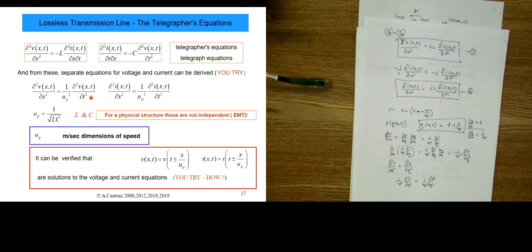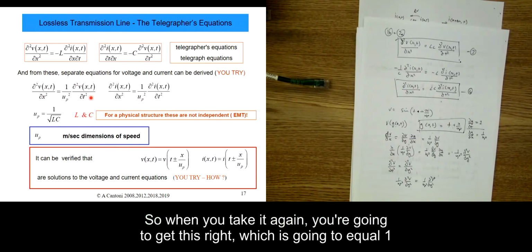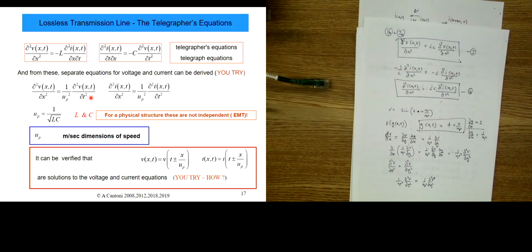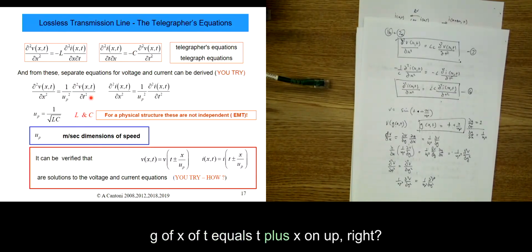So when you take it again, you're going to get 1 on UP squared times the second derivative of v with respect to g, d squared v dg squared, right? That's a function, so v is a function of g of x and t, and g of x and t equals t plus x on UP, right?